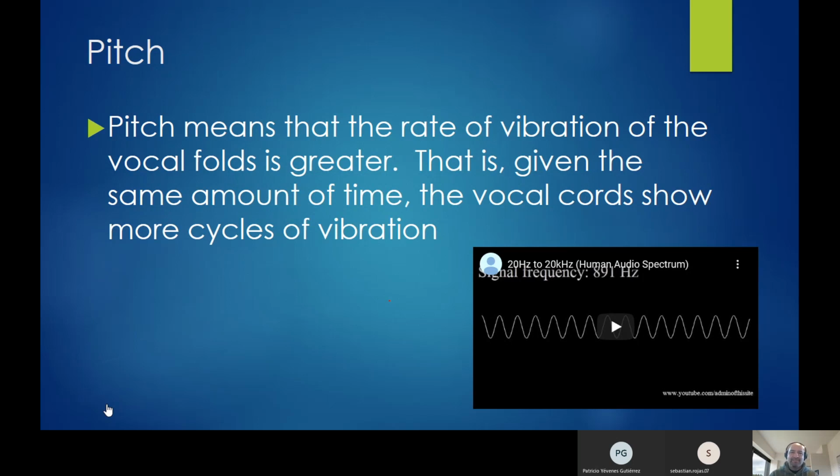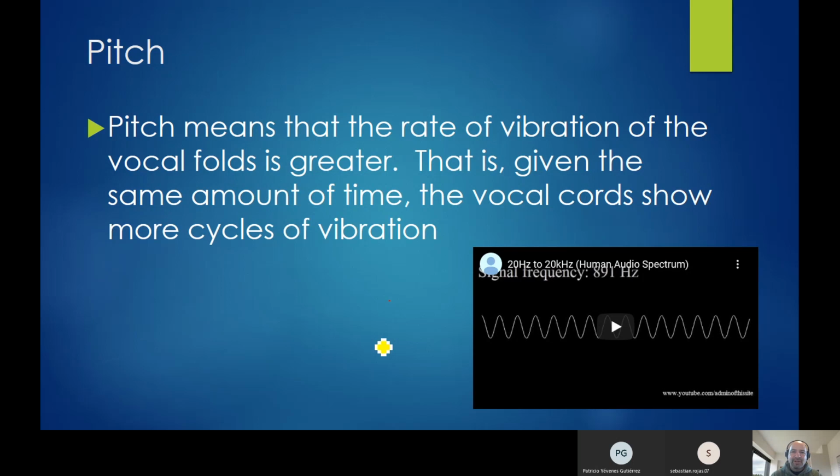Okay, so that's something that has to do with cycles of operation. Just like in the image here, you see the vibration goes quicker when the vocal cords are more tense and the sound is high pitched.